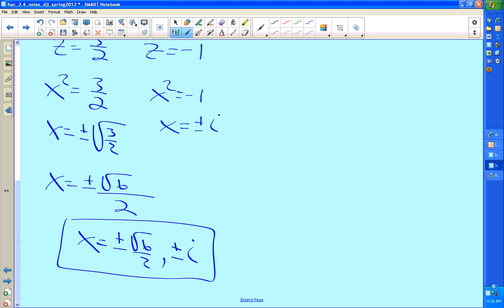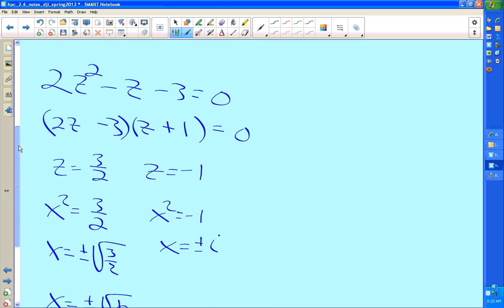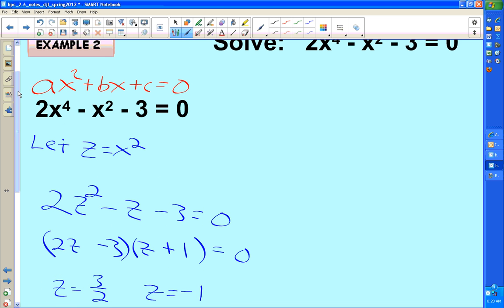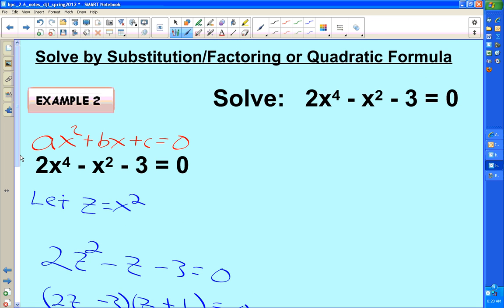Everybody okay with that? This way works great, and it allows you not to have to worry about this power of 4 and this power of 2, and get back to something that's just quadratic, easy, no problem. But if you recognize quadratic, and you're comfortable with it, you're going to just ignore the powers, and when you factor this, instead of putting 2x here, you're going to put whatever the middle term is, 2x squared and x squared.